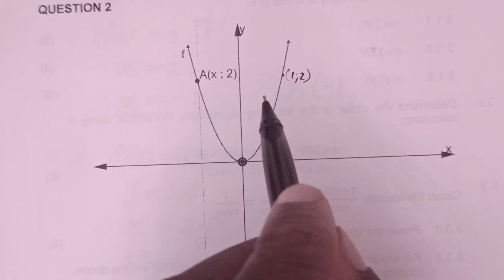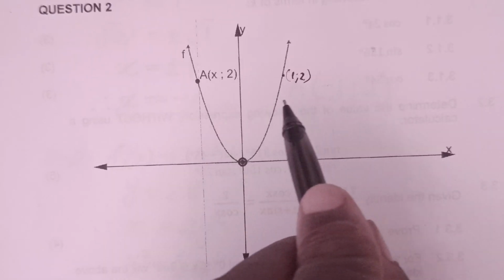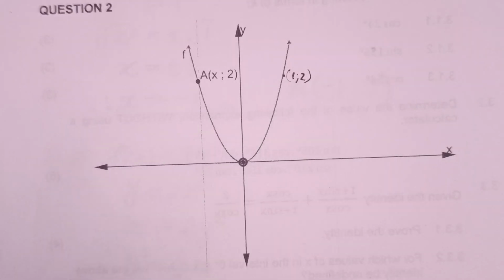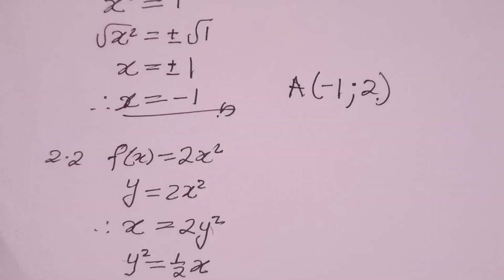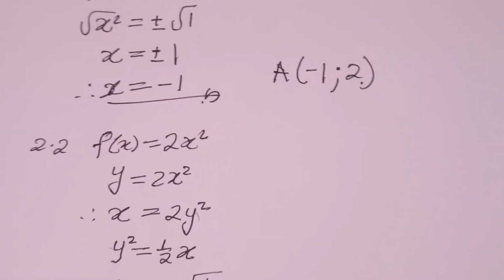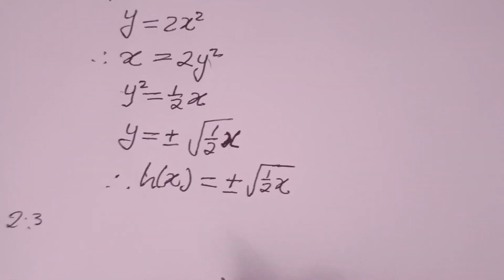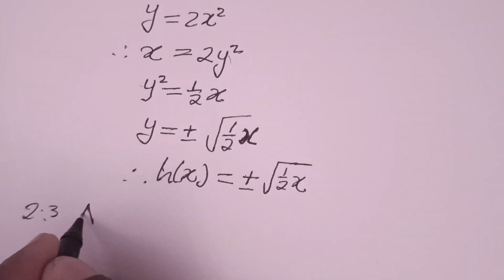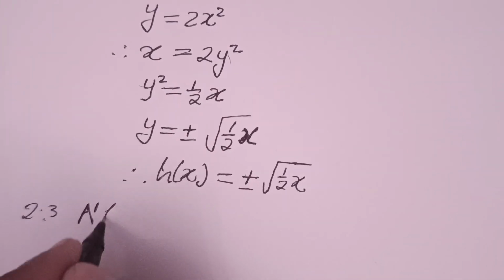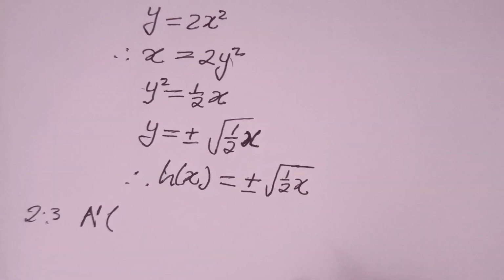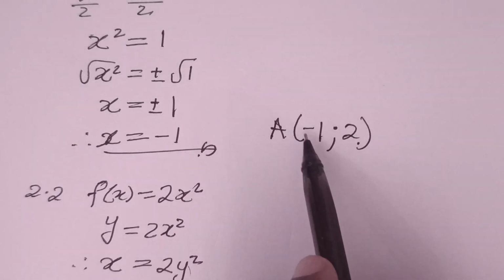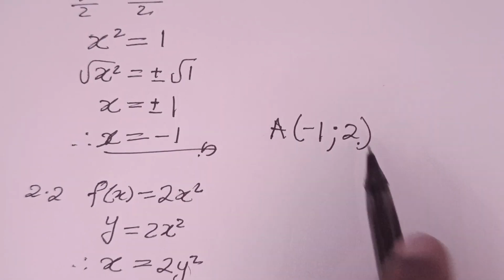So if there were those 2 points that exist, it means for this new function, we should have an A, let's call it A image, where whatever was x will be y, and whatever was y will be x.